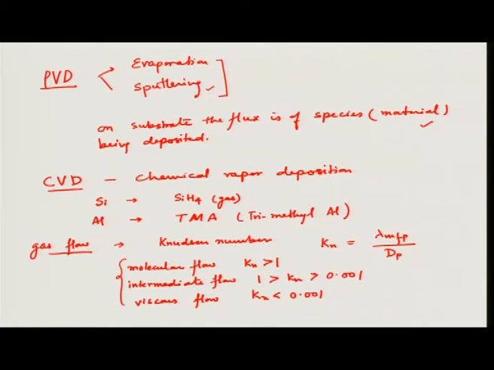This is how we can classify the gas flow. For PVD we mostly use molecular to intermediate flow, and for CVD we use mostly viscous flow, in the pressure regime from 0.01 atmosphere to around 5 to 10 torr. So, this is a significant difference between the two methods.